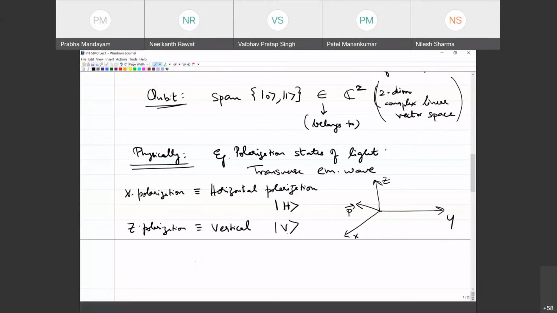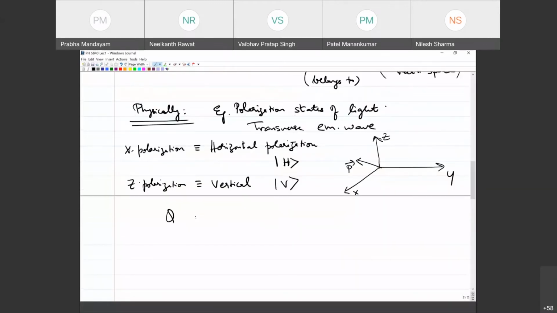Okay, and so this constitutes a qubit for me, right? So this is a qubit. It simply is the span of these two states, the horizontal and the vertical polarized light, because I know that I can take any linear combination of these and get another polarization vector in the same plane, right? So once I fix a certain direction of propagation, here I've said that y is my direction of propagation, then there is a certain plane in which this polarization can exist, and it is spanned by exactly two perpendicular directions.